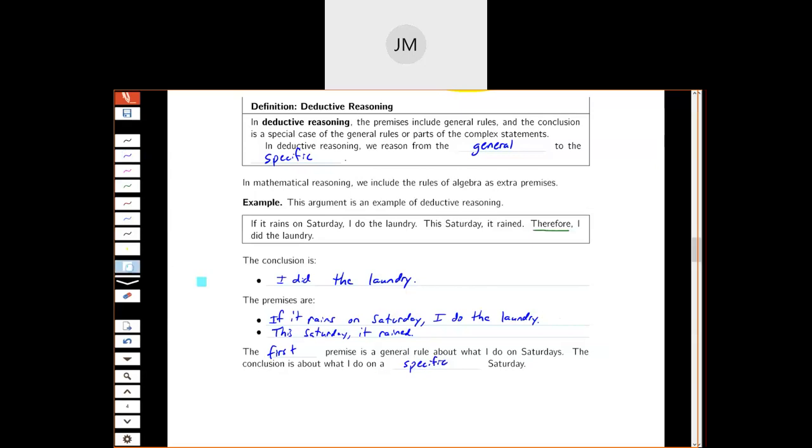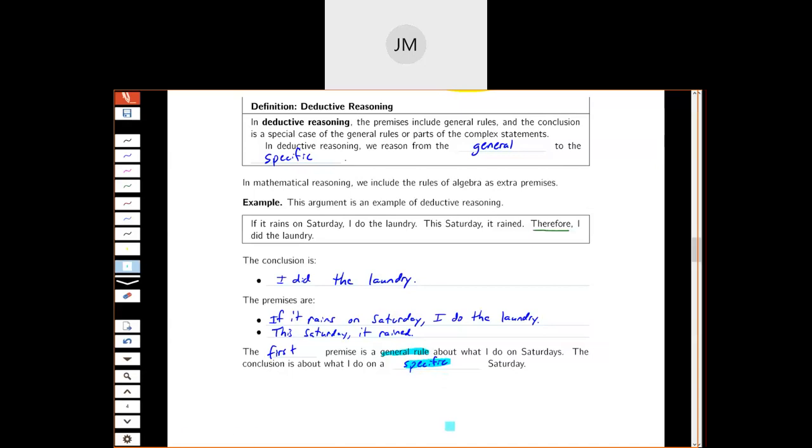What I want you to notice is that the premise gives me this general rule, and the conclusion gives me a specific example. So we start with these general rules, and then we make an argument about a specific case. That's what deductive reasoning is.